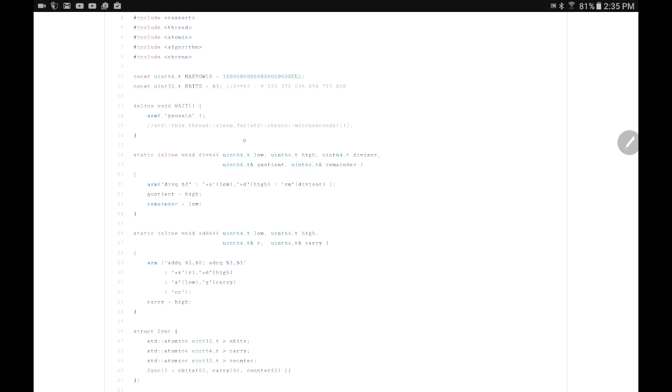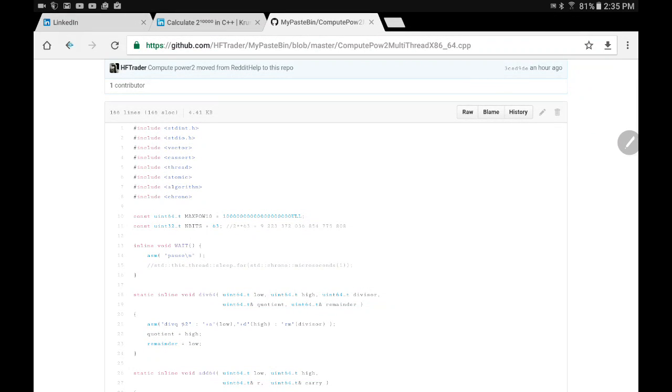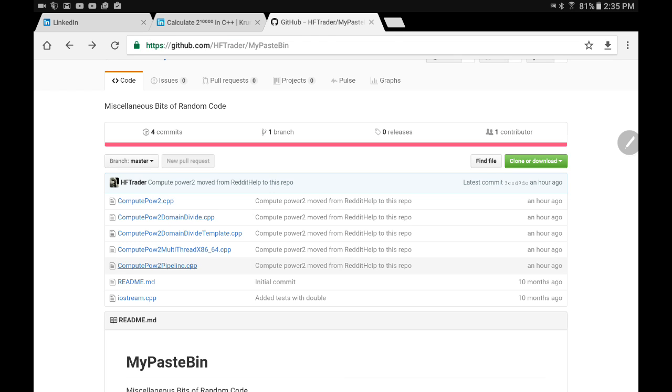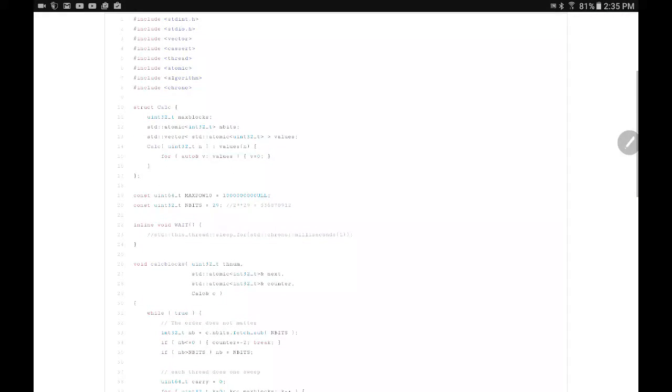And then we have the last one, the pipeline version. This is more what you would do in an FPGA in RTL. There is no thread in an FPGA, but there is one execution line for each block, and you keep moving as a pipeline, like in a production line.